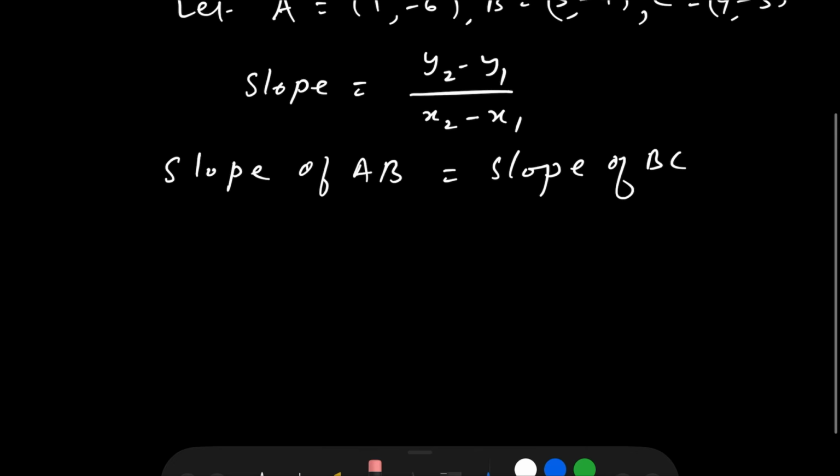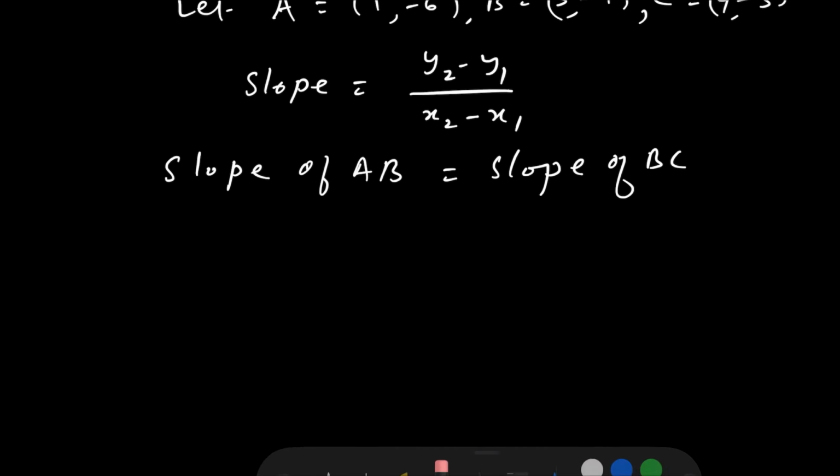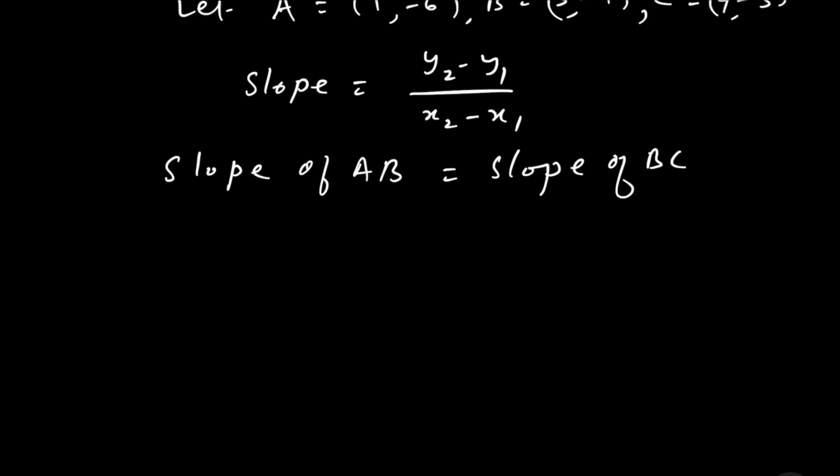Now find out the slope of AB, y2 minus y1 by x2 minus x1. Slope of AB: y2 minus y1 is minus 4 minus 6, which means plus 6, over x2 minus x1, 3 minus 1.